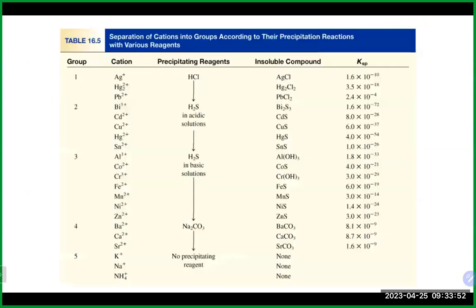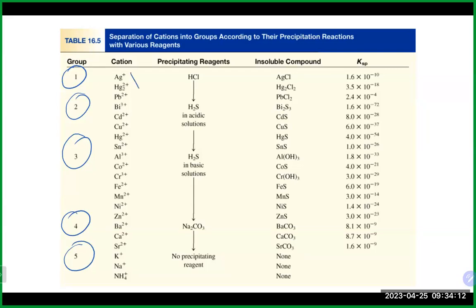All right, so just to finish up on this topic, those types of experiments that I was talking about earlier, which are qualitative analysis experiments, are broken apart into groups of ions: group 1, group 2, 3, 4, and 5. They are not groups from the periodic table, but they are grouped together based on solubility rules.